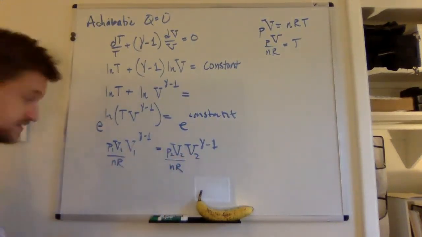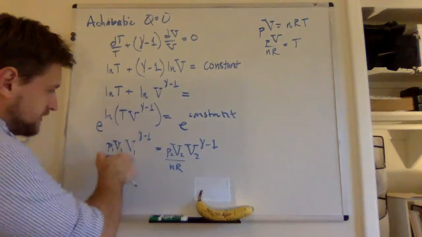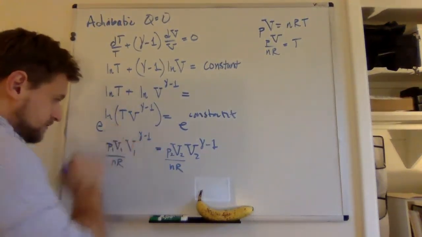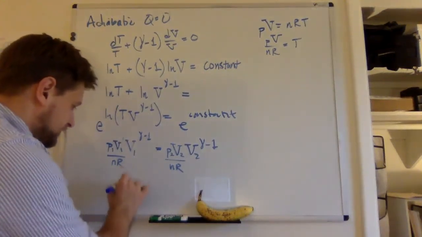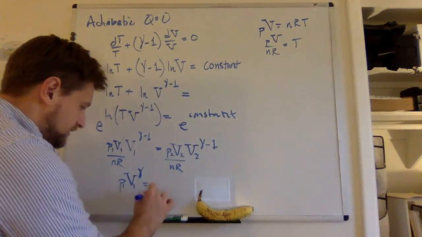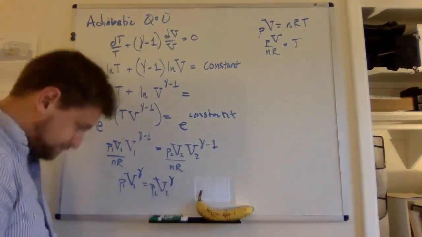The NRs cancel, and V1 times V1 to the gamma minus 1, we add the exponents. This is raised to the 1, so we end up with just gamma. P1 V1 to the gamma, P2 V2 to the gamma.